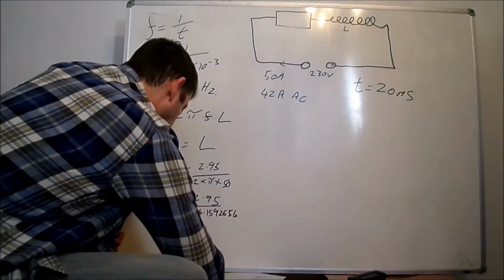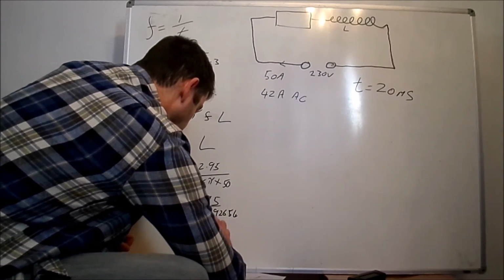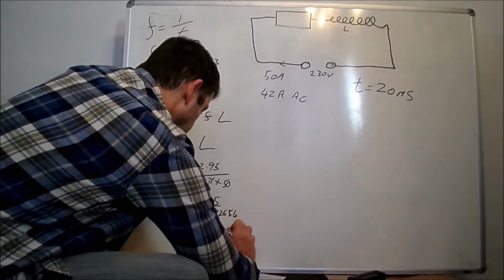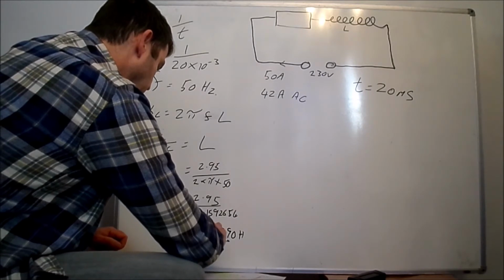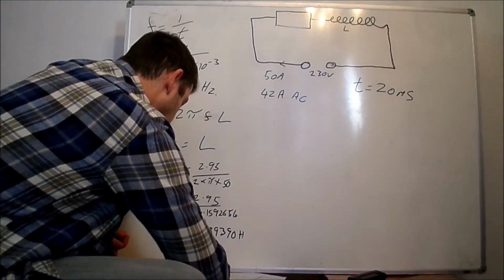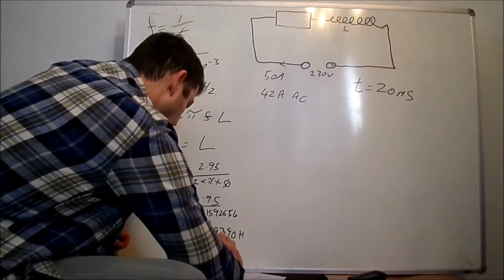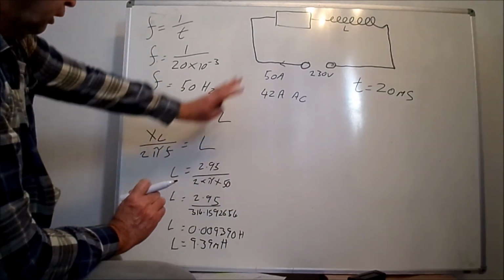So that'll give me an L value of 0.009390 henries, or if we move the decimal point 1, 2, 3, so the inductor equals 9.39 millihenries.